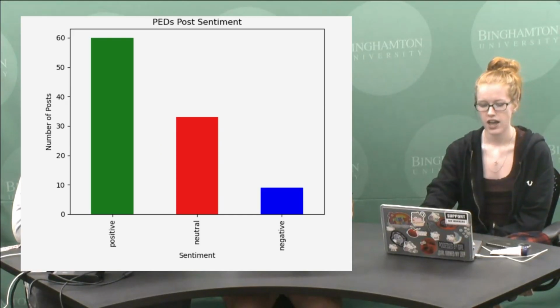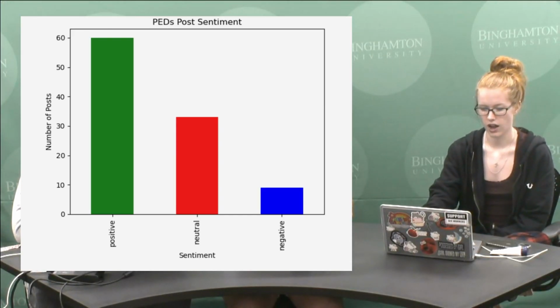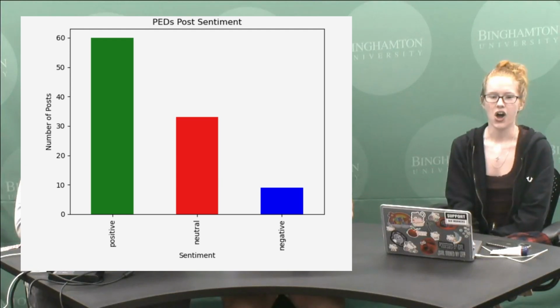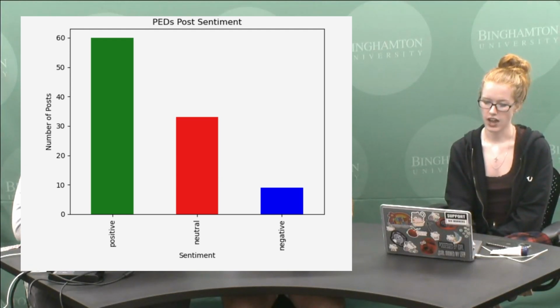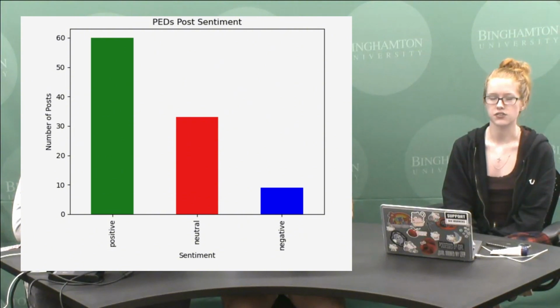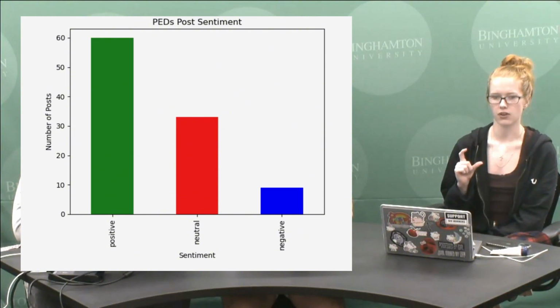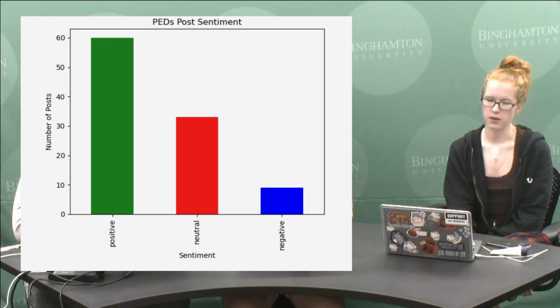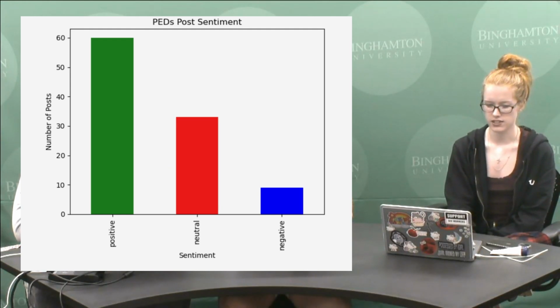I data scraped from 100 videos and the comments of those videos, and what I had gotten from the posts was that around 60% of the posts had a positive sentiment in their body paragraph of the post. Around 35% had a neutral sentiment, and around 10% had a negative sentiment.